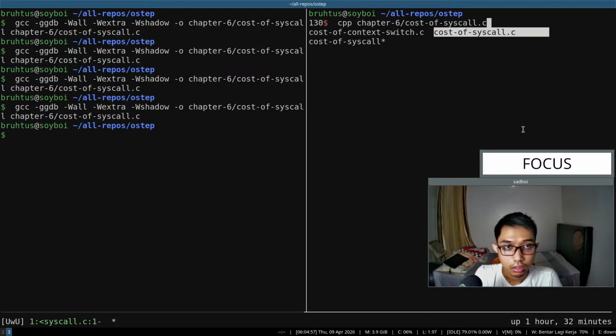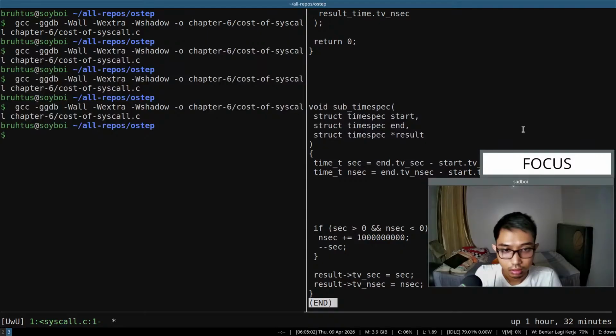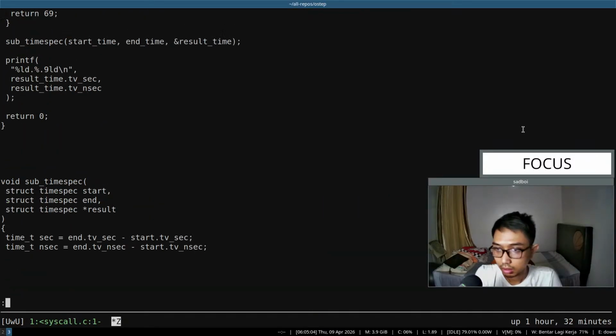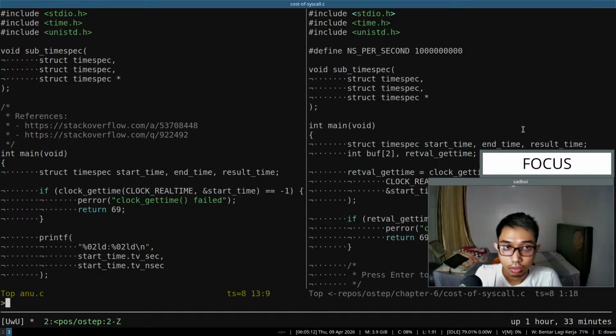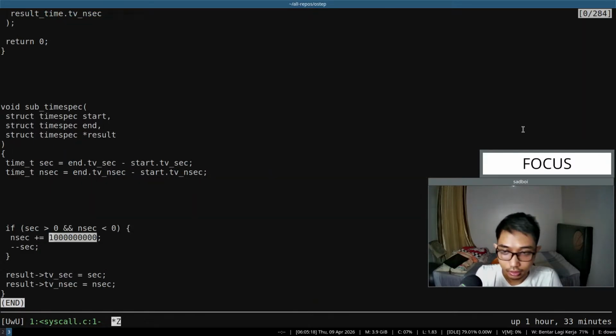We can try this one. See, we substitute the macro nanosecond per second with the value here, right?